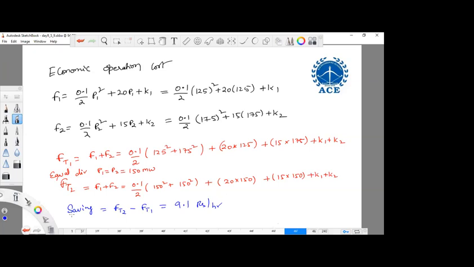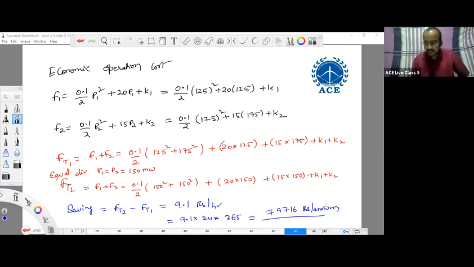So saving in rupees per annum is 9.1 into 24 hours in a day into 365 days in a year. Rupees per annum saving will be 79716 rupees per annum. So this is the saving in rupees per annum.